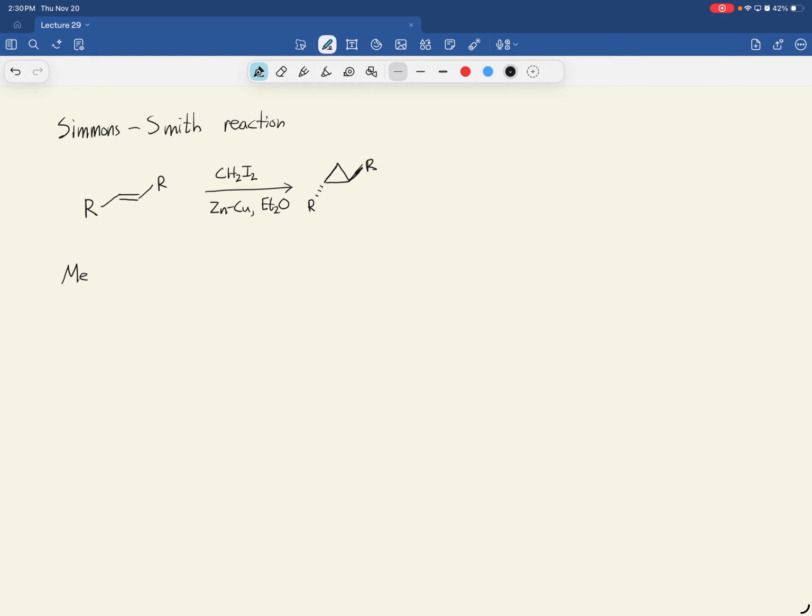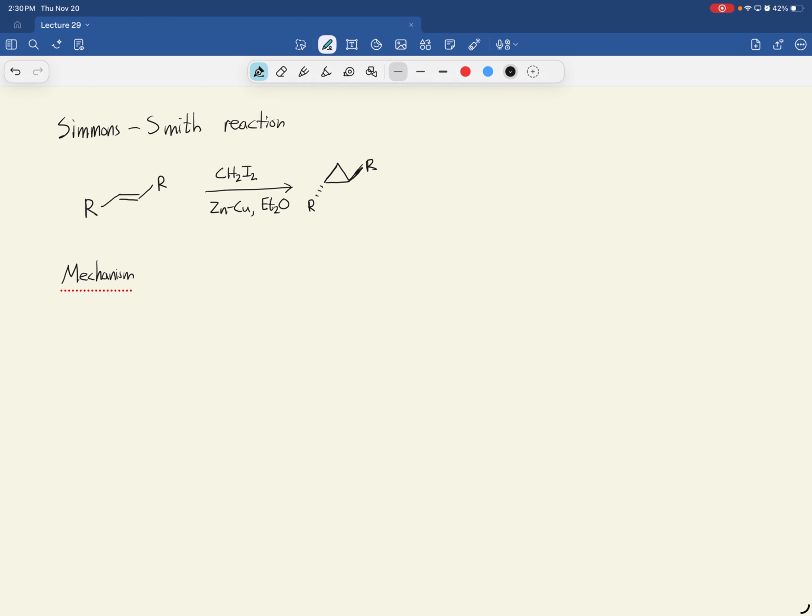All right. So the mechanism has been well understood, and it's going through something called a carbenoid. A carbenoid is when you have a carbene that's kind of chemically bonded to a metal, okay?